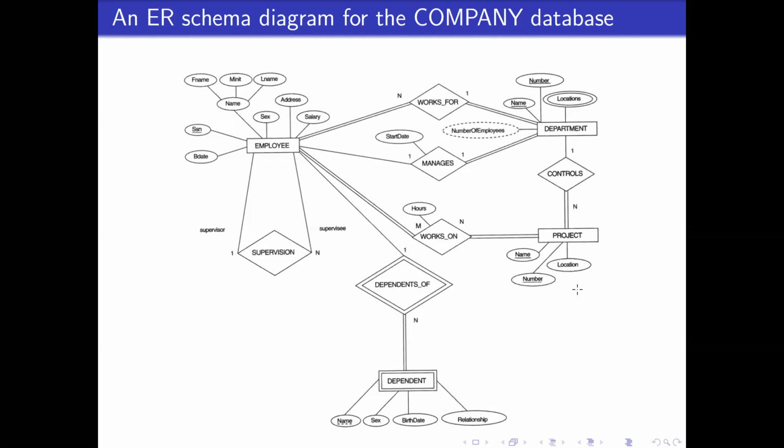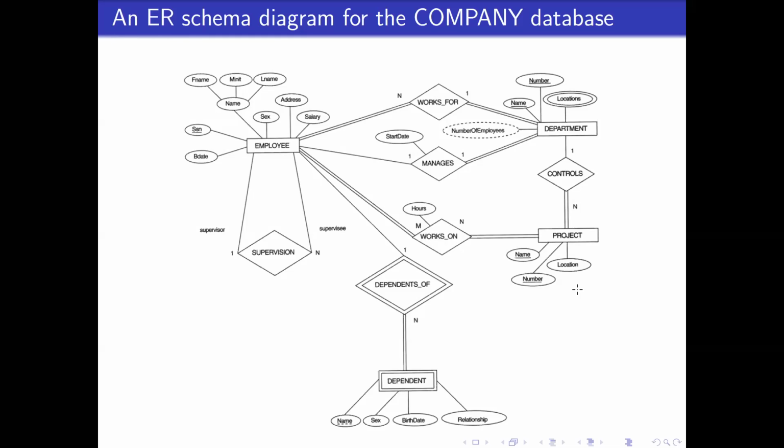Okay, can one of you explain the minimum cardinality, the minimum number of participants, the total and partial participation? Here, sir, not all the employees have dependents, but each dependent should have an employee.